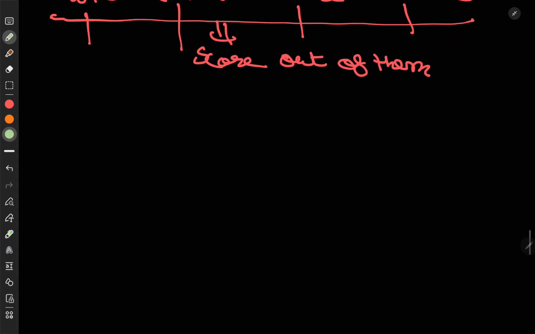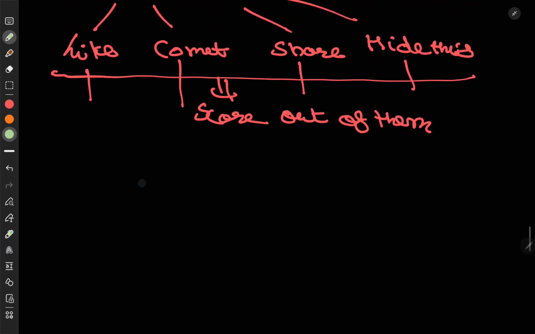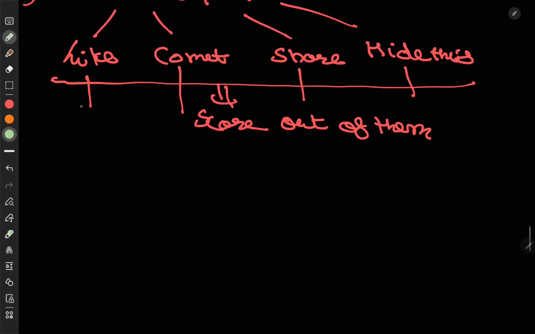Rather than making different models for calculating the like probability, the comment probability, and the share probability, we can use a single network with multiple heads. Every head will try to predict a different thing.